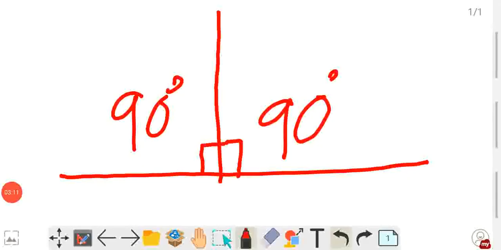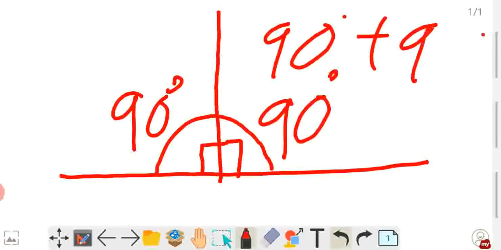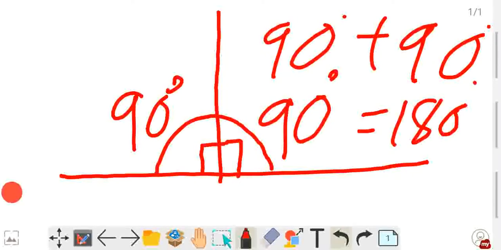That is, the two adjacent angles formed on either side of the perpendicular line, that is a linear pair. Another thing is that the sum of these linear pair angles is 180 degrees. That means this angle is equal to 90 degrees plus 90 degrees is equal to 180 degrees.